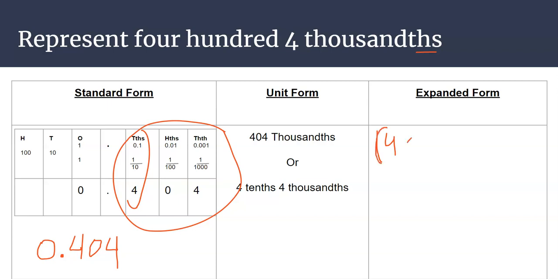So 4 copies of 1/10, plus, we're going to close that parenthesis right there, 4 copies of 1/1000.